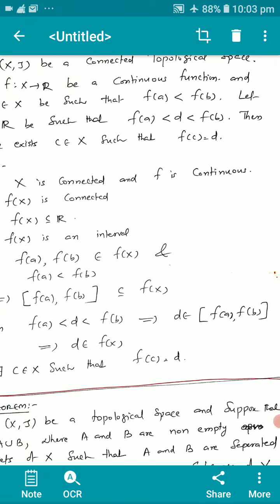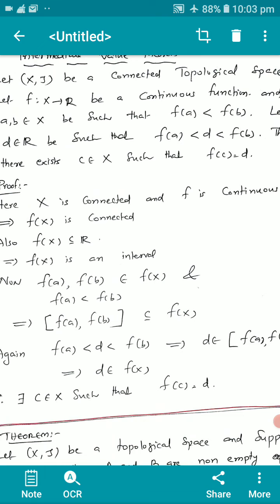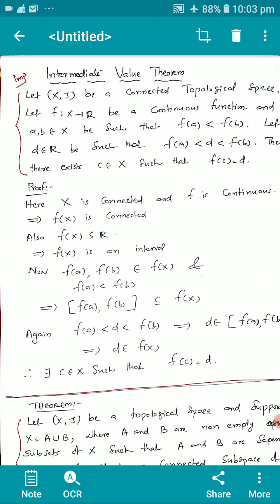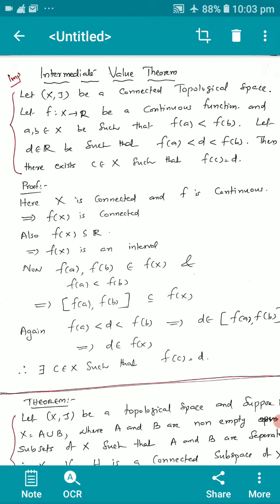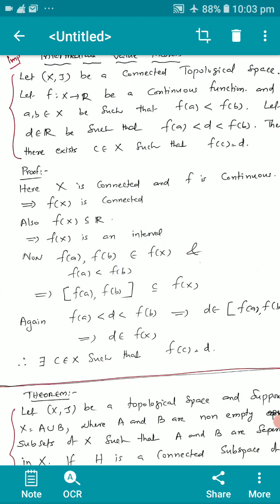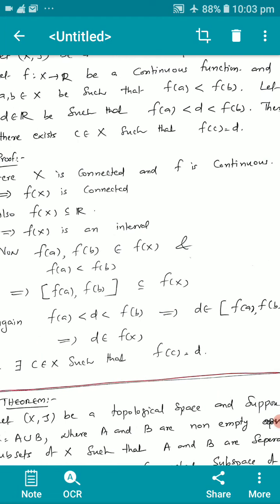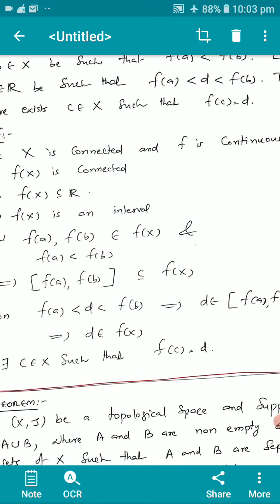Here X is connected and f is continuous. This implies f(X) is connected. Moreover, f(X) is a subset of R. What does it mean? f(X) is an interval. That's what we have proved in the last class. Now f(a) and f(b) are elements of f(X), because we are discussing an interval, in such a way that f(a) is less than f(b), so that you are getting the closed interval [f(a), f(b)] directly.